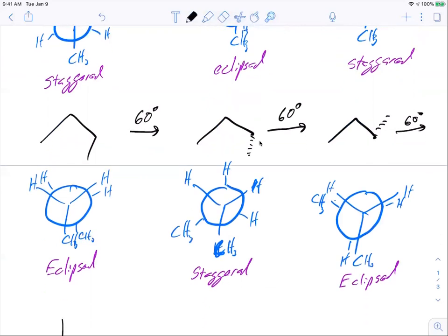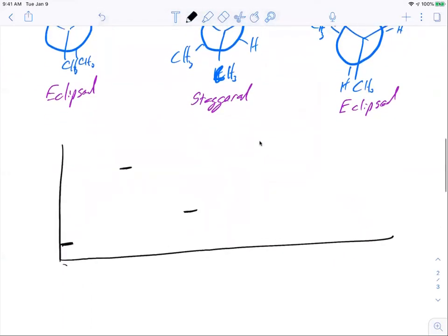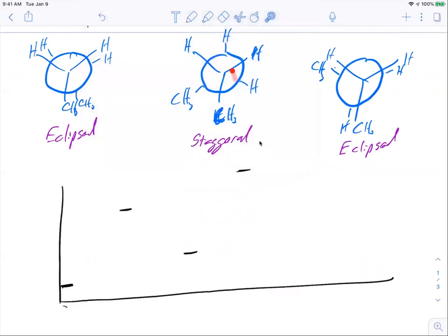So when I draw my energy diagram, oh, what's wrong? Okay, then I'm going to go to a higher energy state. And then when I come back down, I go to a different staggered, right, with the methyls near each other.